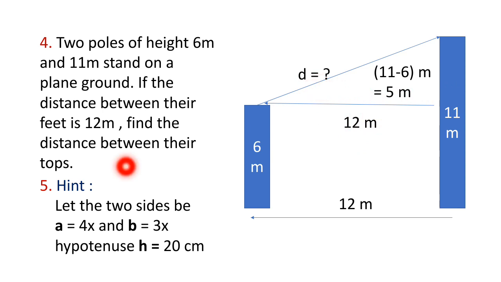See the question number 5. Hint is given only. We have a hypotenuse given, and the ratio of the other two sides is given as 4:3. So let us assume one of the sides is 4x and the other side is 3x. And now the hypotenuse is also given, so we can use the Pythagoras relation. Like we can take 20 square is equal to (4x) square plus (3x) square.